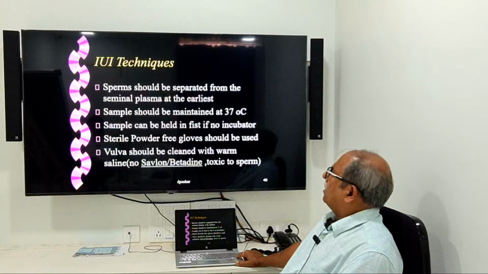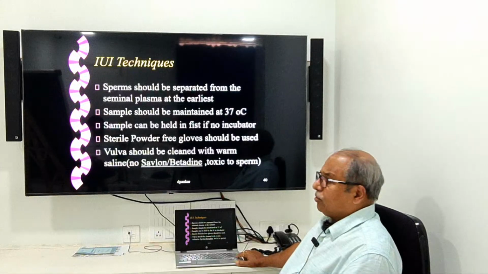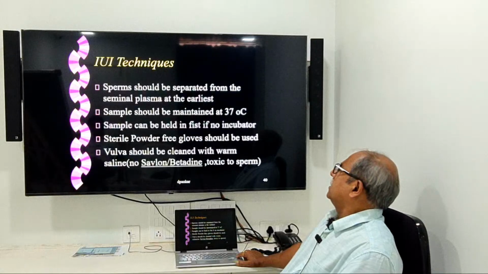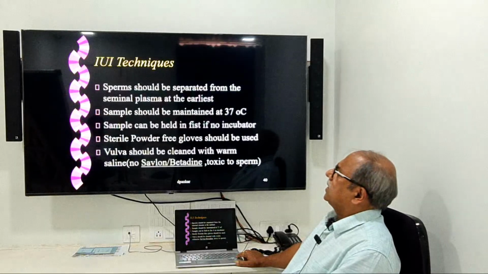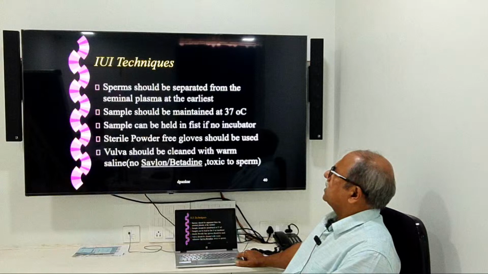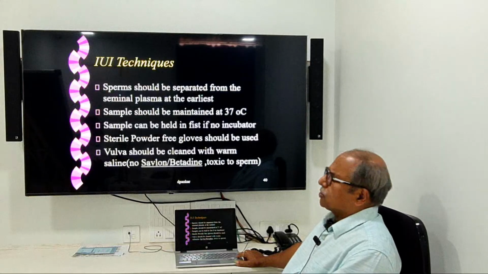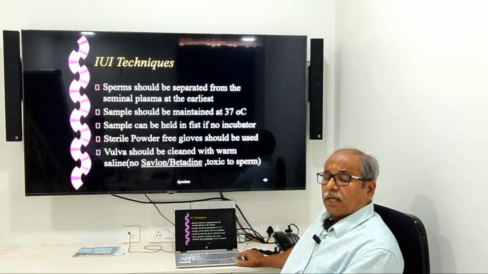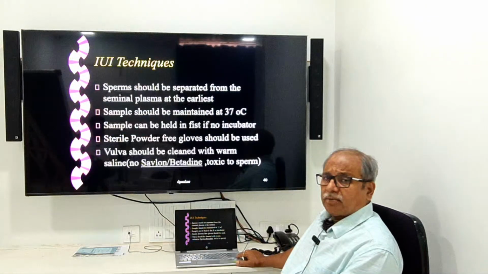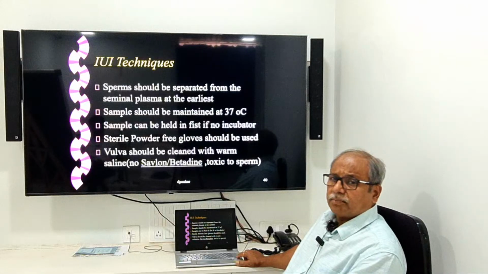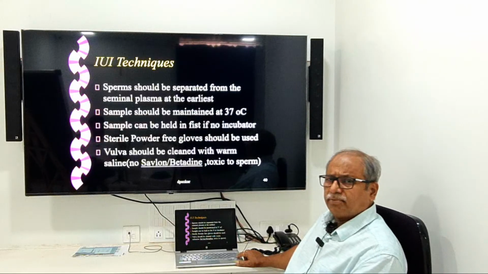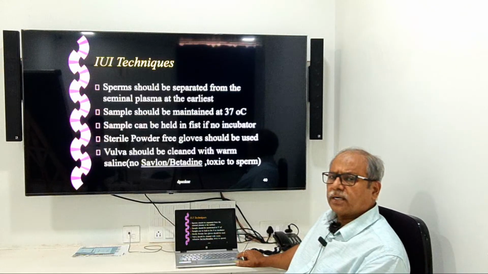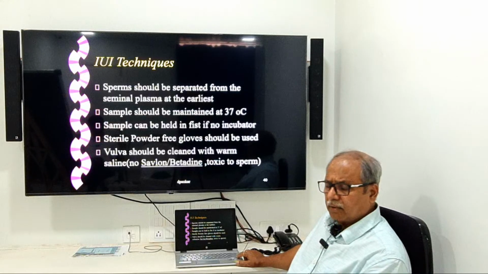Again, on the technique, I'm going to show you how the preparation is to be done, and these are very important things: seminal plasma should be removed as early as possible from the sperm. Nature adds seminal plasma by two methods, mostly from the seminal vesicle, and there are two parts, that is emission and ejaculation.